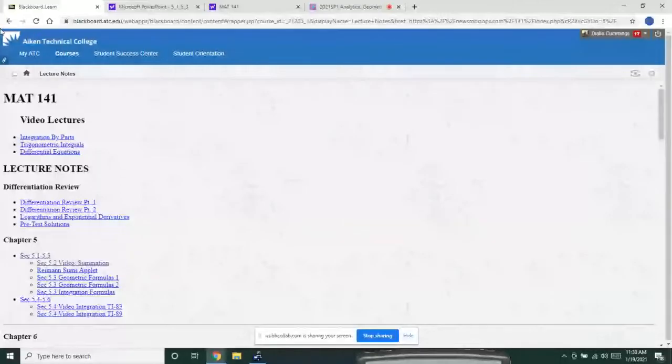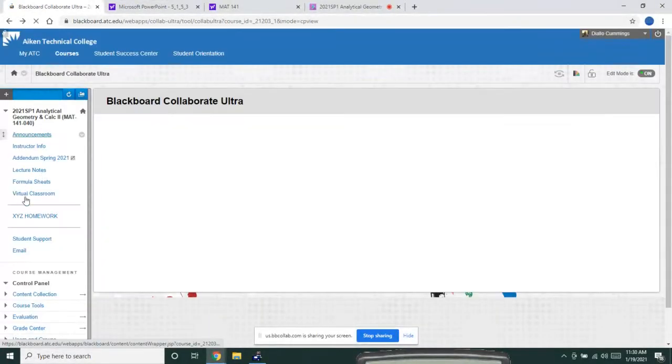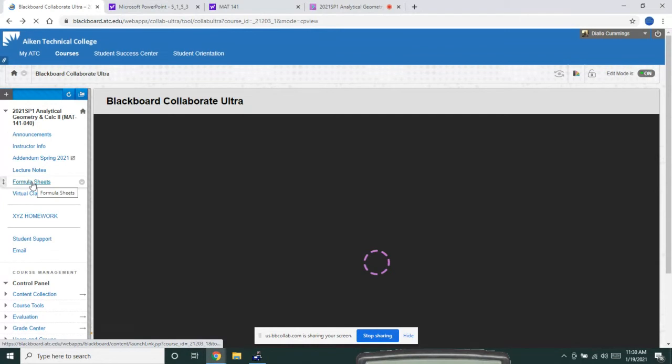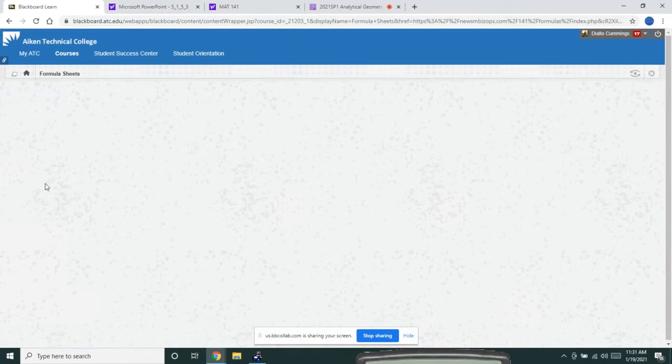I'm going to go back to the shared screen for just 1 second. If I go into the formula sheet section of the course, I just want to show you where these formulas are coming from.